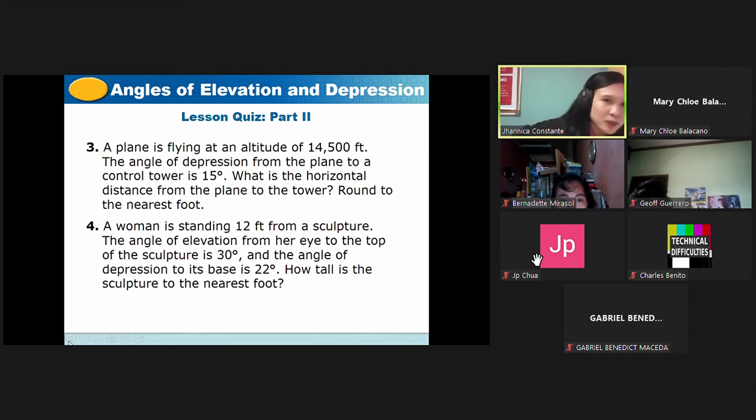For example, we have this word problem. A plane is flying at an altitude of 14,500 feet. The angle of depression from the plane to a control tower is 15 degrees. What is the horizontal distance from the plane to the tower, rounded to the nearest foot? Let's draw this word problem.